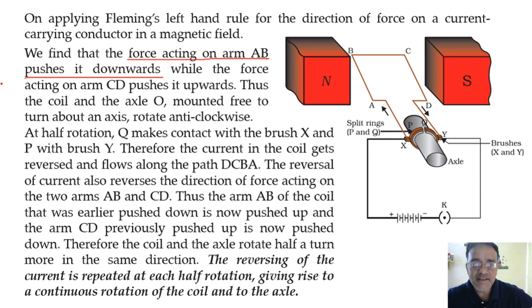Okay, thus the coil and axle are mounted free to turn about an axis and rotate anti-clockwise. Okay.